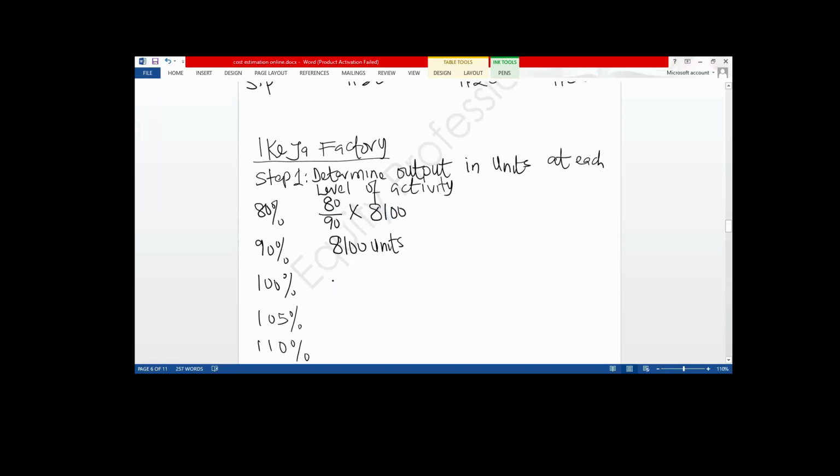Please compute. 100 over 90 multiplied by 8,100 units. Please compute. 105 over 90 multiplied by 8,100 units. And 110 over 90 multiplied by 8,100.